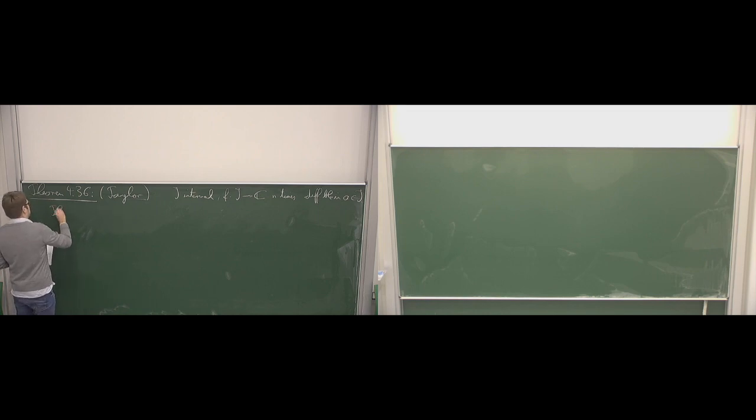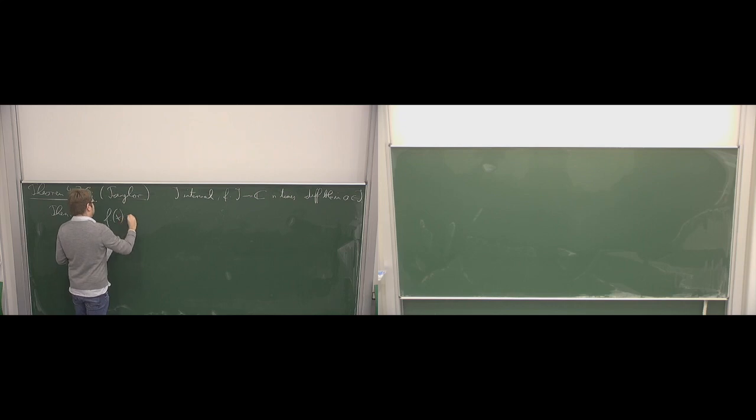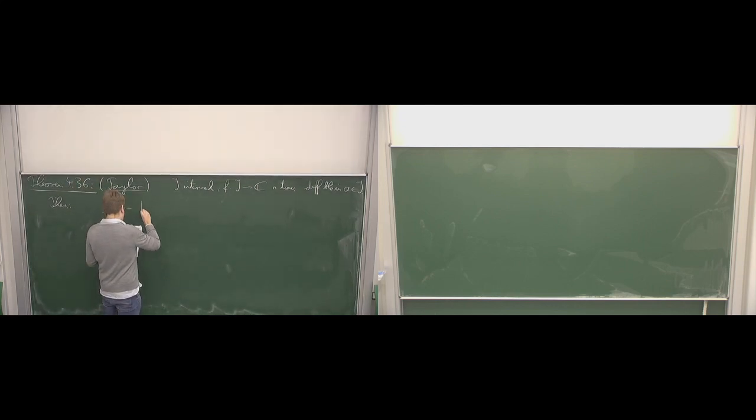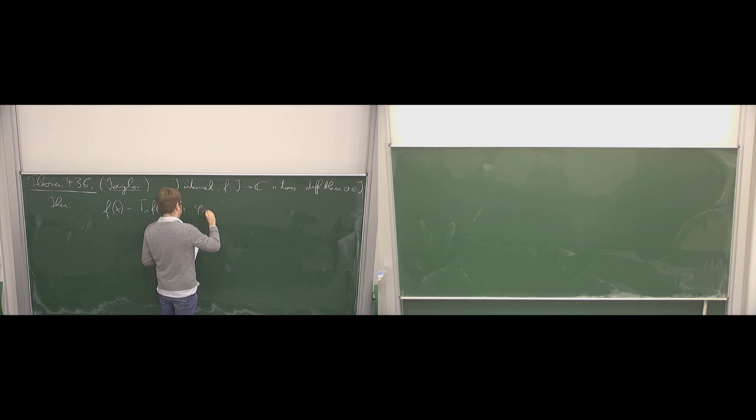Then the function is the same as the Taylor polynomial of f in a, the nth Taylor polynomial, plus some remainder, phi n of x, for all x in I.